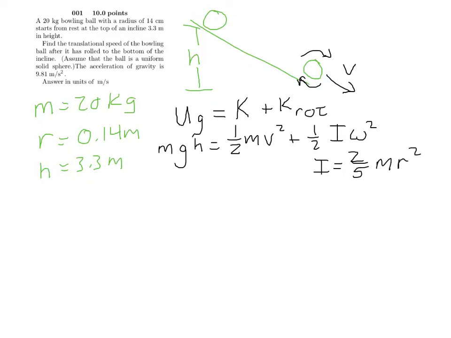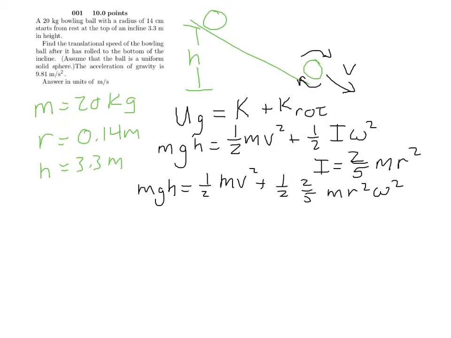So 2/5 mr squared is what I plug in here for the moment of inertia, and I've also got my omega. If I rewrite this one more time, I'm going to have mgh equals 1/2 mv squared plus 1/2 of 2/5 times m r squared omega squared.